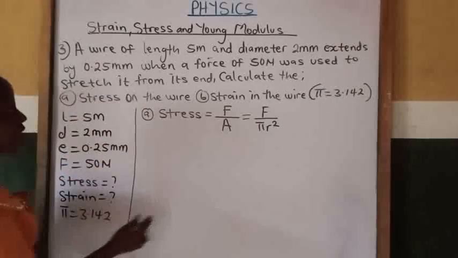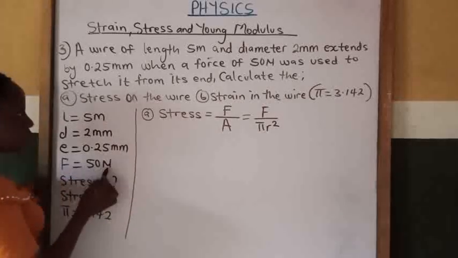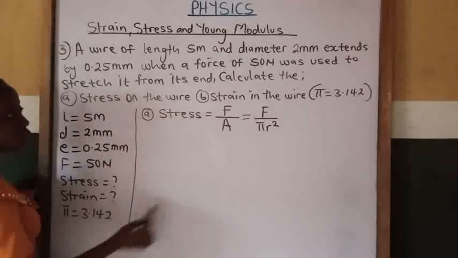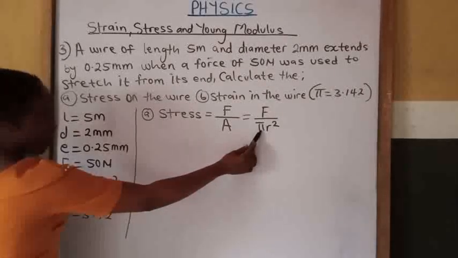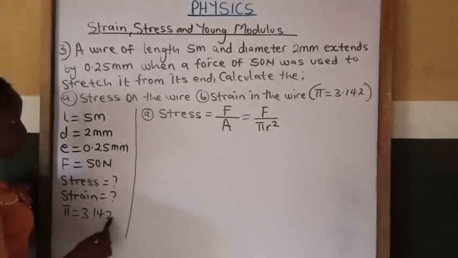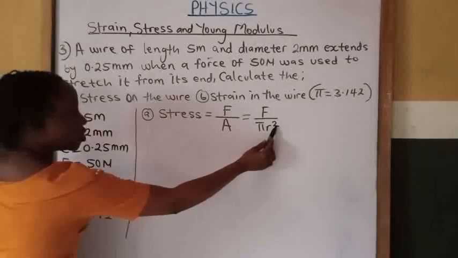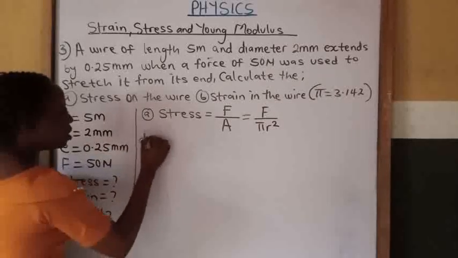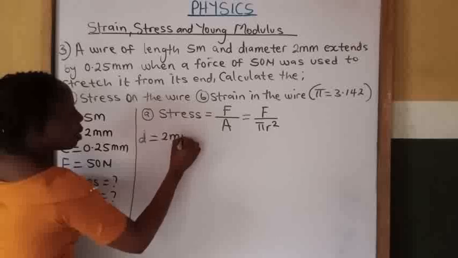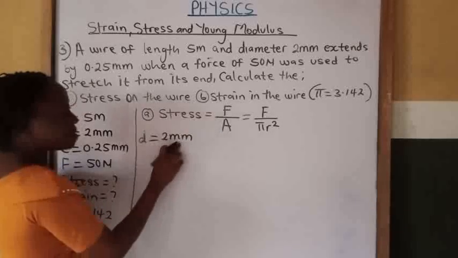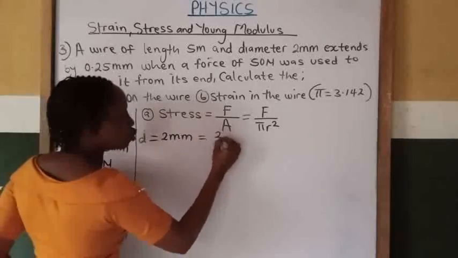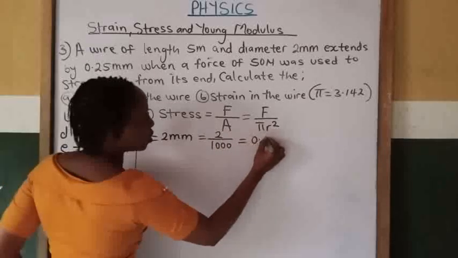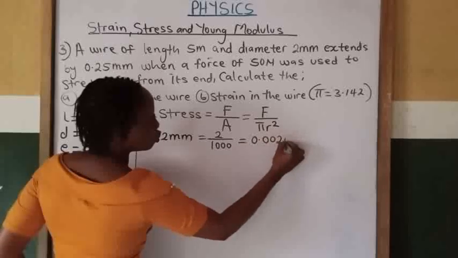So let's come back to this place. F equal to 50 Newton, but there is no value for cross-sectional area from the parameters given. They've given us pi equal to 3.142, but no value for radius. But we can get radius from diameter. Diameter equal to 2 millimeter. So we have to convert this diameter to meter, which is 2 divided by 1000, equal to 0.002 meter.